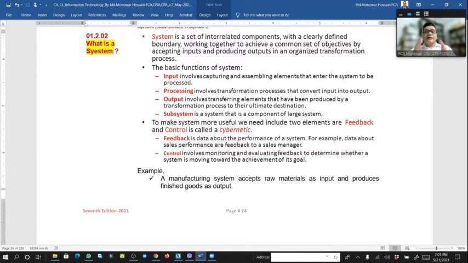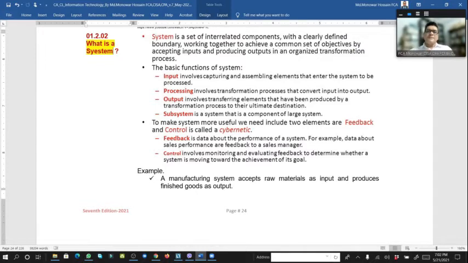So here we can say that there are 5 or 6 parts of a system: input, processing, output, subsystem, feedback, and control. Feedback is data about the performance of a system. For example, data about sales performance are fed back to a sales manager. Control involves monitoring and evaluating feedback to determine whether a system is moving toward the achievement of its goal.